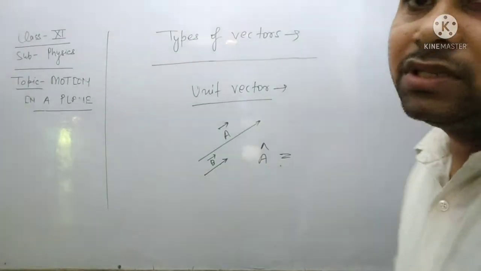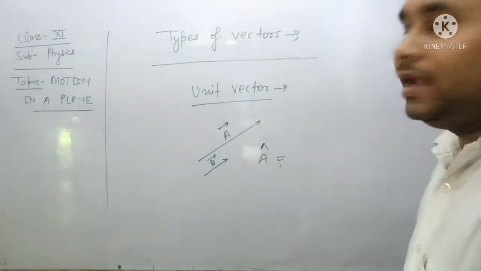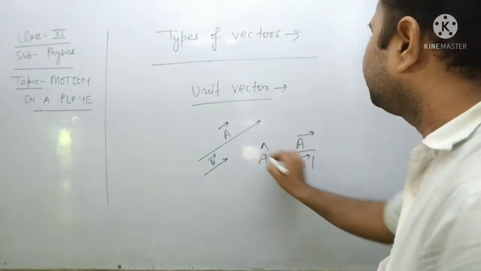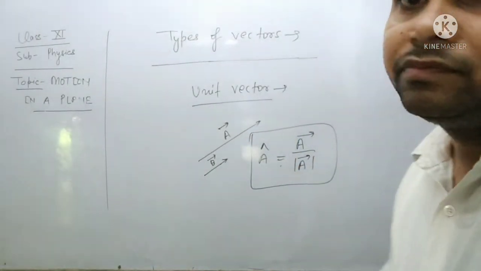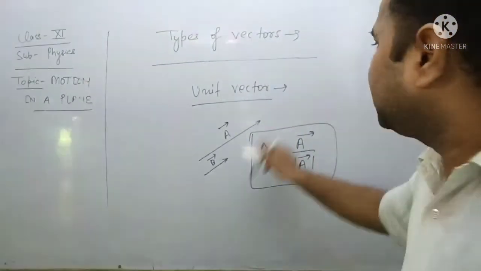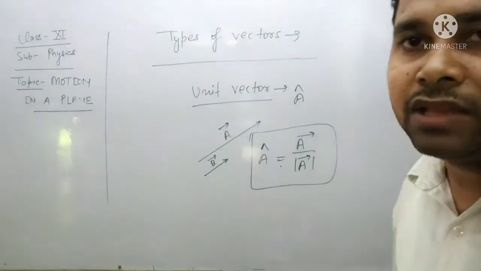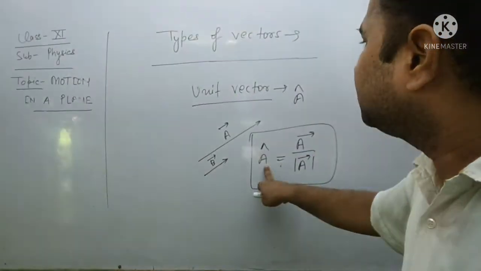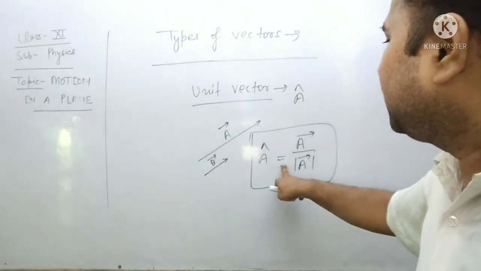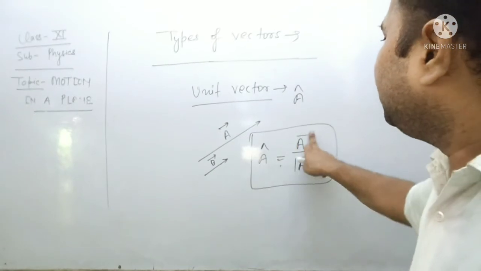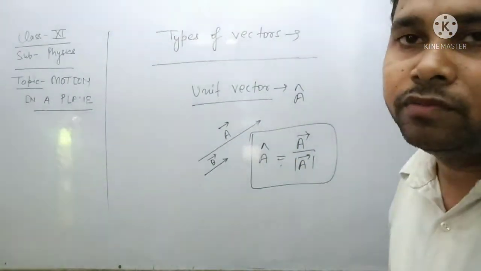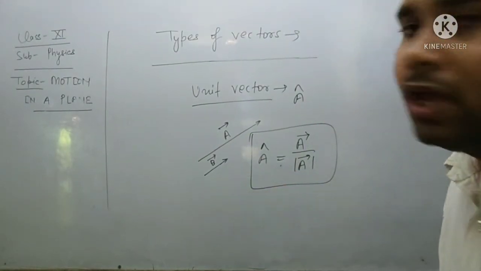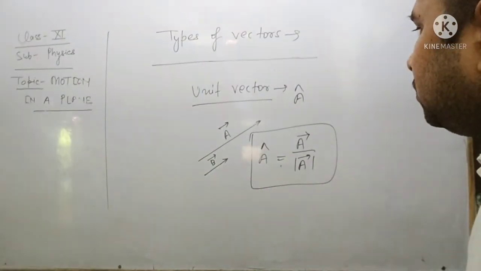A cap means the unit vector of A, and it is equal to vector A divided by the magnitude of vector A. This is the formula for the unit vector. A cap, how do you read it? Mark a cap, a hat, on A, so it is A cap. A cap represents the unit vector of vector A. It is equal to vector A divided by its magnitude. If you divide vector A by its magnitude, it gives you the unit vector of A.